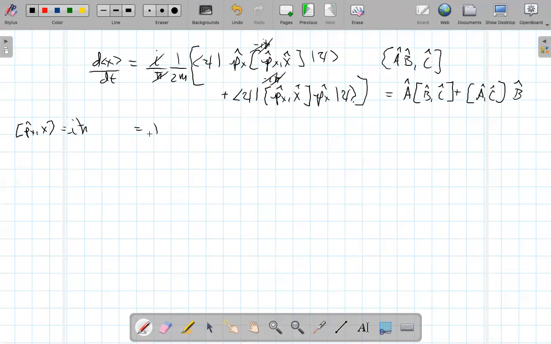So this guy is going to be equal to 1 over 2m times, then what? The expectation value of the momentum plus the expectation value of the momentum. But since these two are the same, that's twice, so that gets rid of this guy. So this guy is simply equal to the expectation value of the momentum divided by the mass.